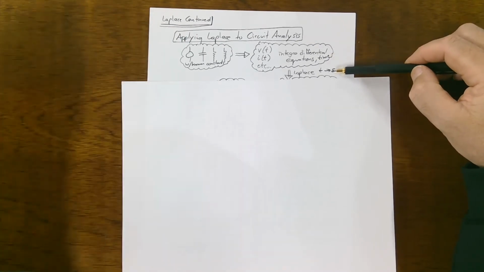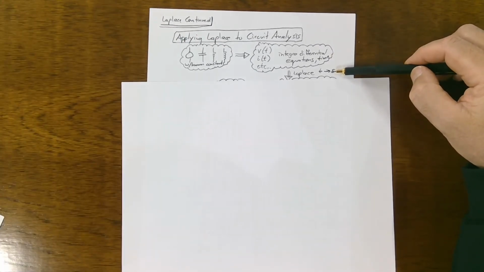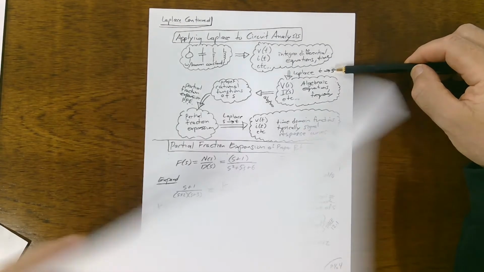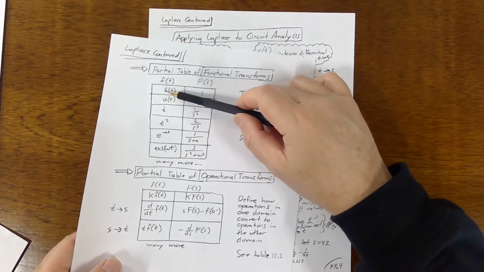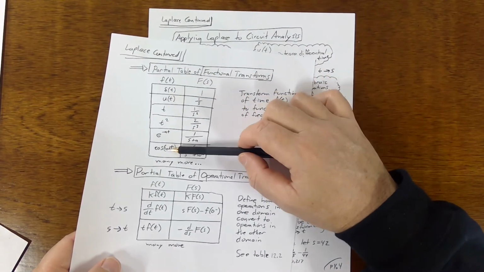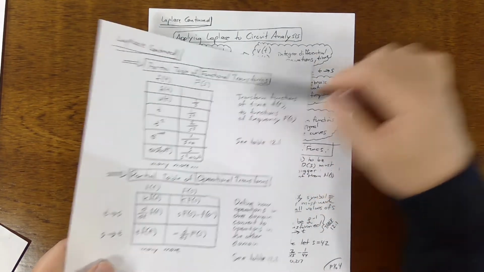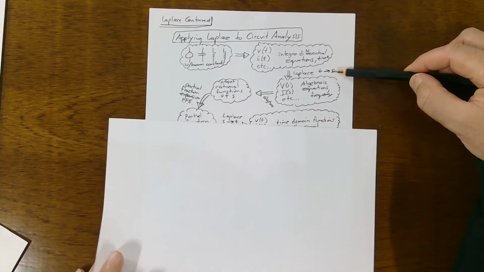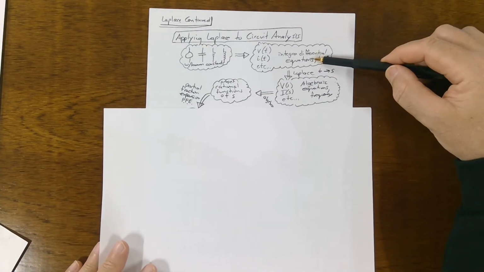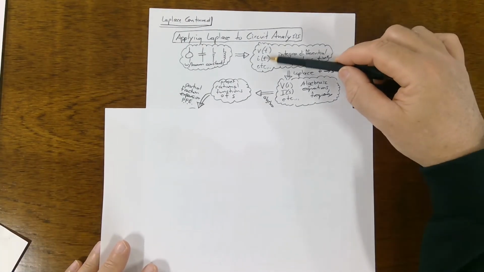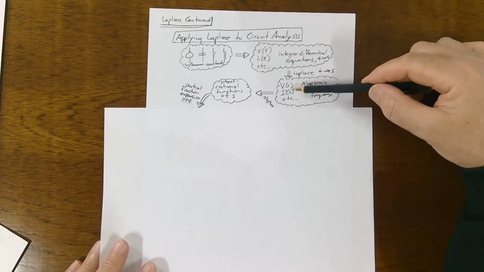Then you apply the functional transforms in this table right here, right? You get these time domain equations. You'll apply these transforms in this table, and you'll turn these functions of time into functions of frequency.